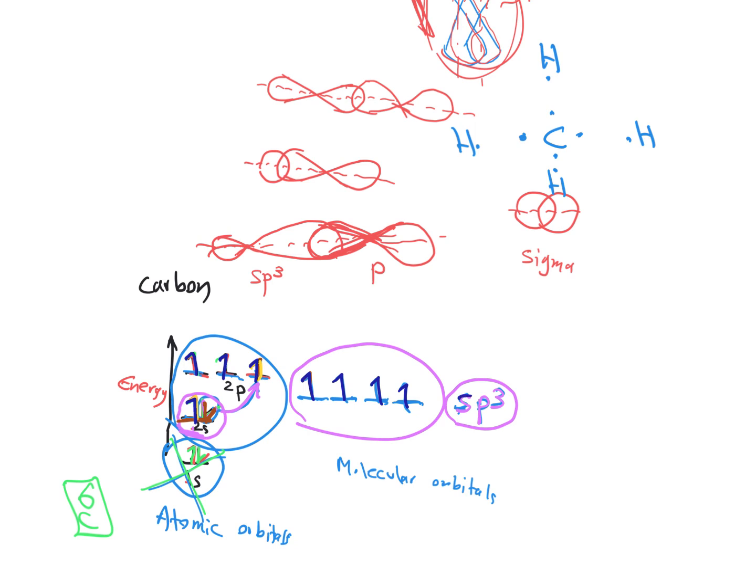The reason we call that sp3 is that now we have 4 sp3 orbitals, with 1 share of s and 3 shares of p.